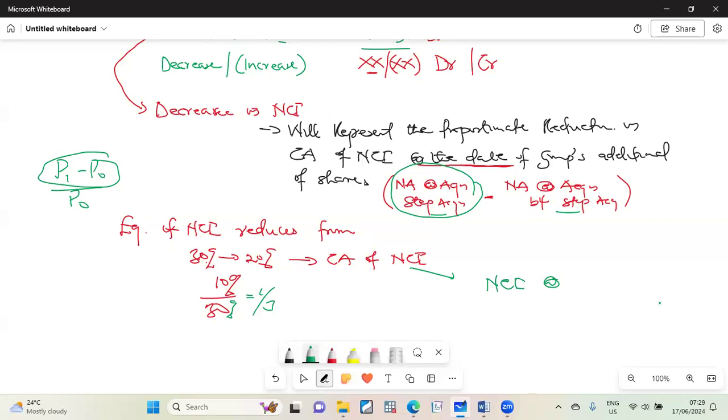Nothing has changed, all right? If there is NCI impairment, you would have done that by now. So when you do the NCI at acquisition, then you add the NCI share of post-acquisition. That gives you the carrying amount of the NCI before the step is happening. All right, so that is that.